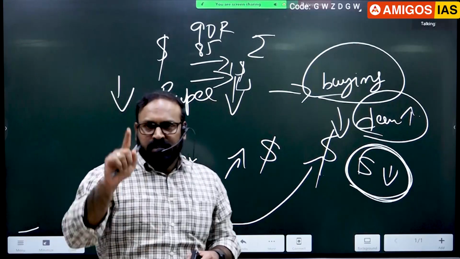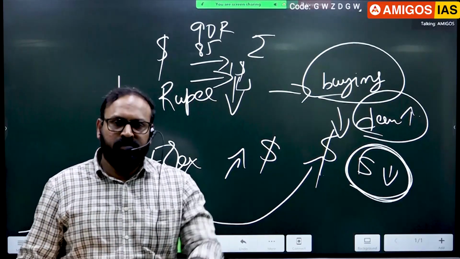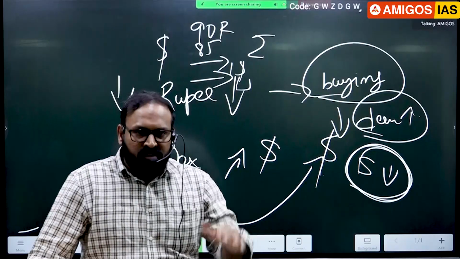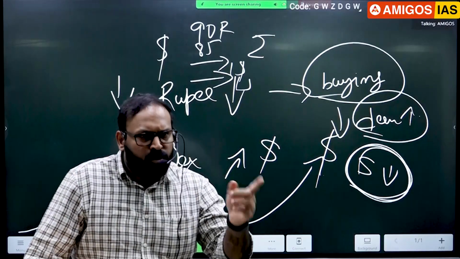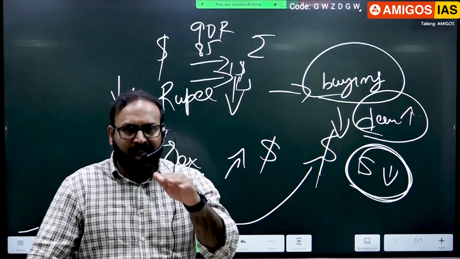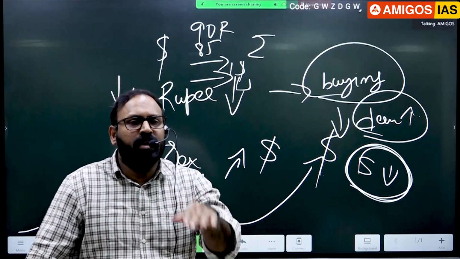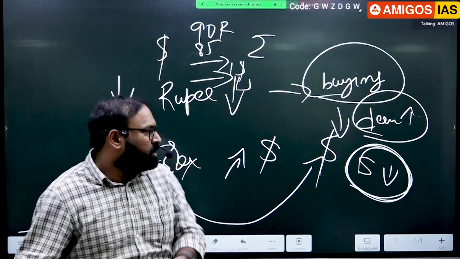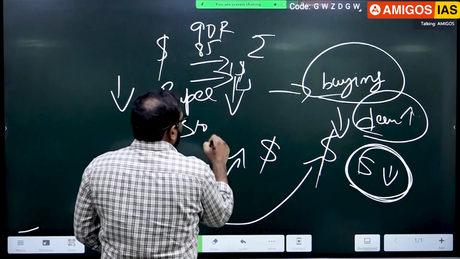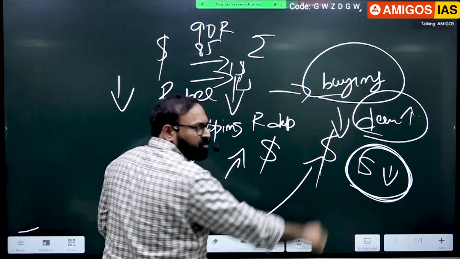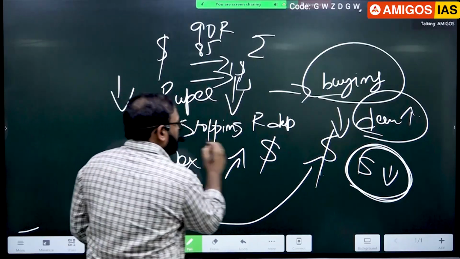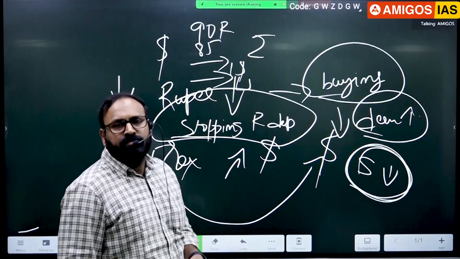Why? When supply of dollars increases, its demand comes down. When its demand comes down, you don't have to give more rupees to buy a dollar. That means you are arresting the slide of the Indian rupee. That means you are stopping rupee depreciation. This is a regular thing done by RBI.